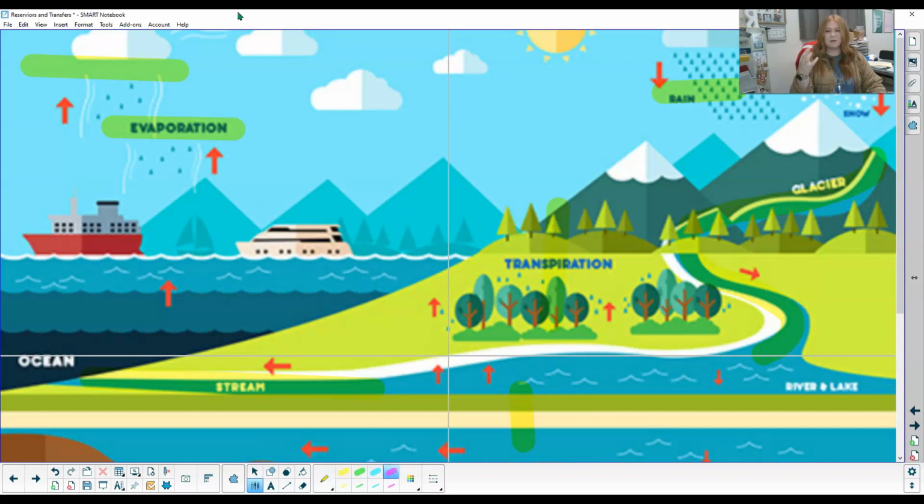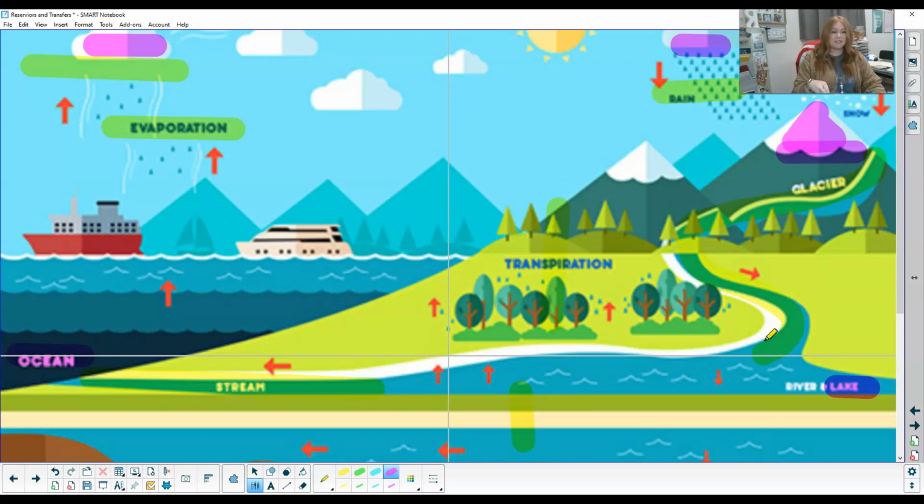So now let's look at some of those storage places. The ocean is a reservoir holding the water. The cloud is a reservoir holding the water. More clouds. We've got a glacier here, or snowpack holding water in it. That's a reservoir. This lake is a reservoir. So the river transported it, and now the lake is holding it.